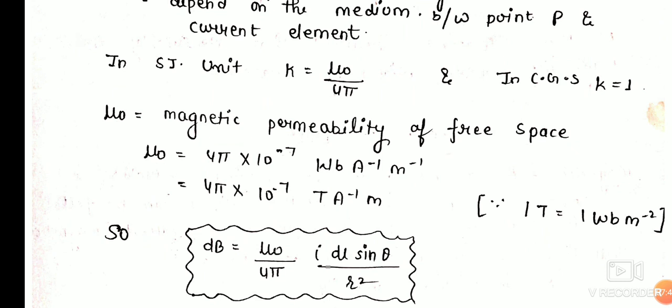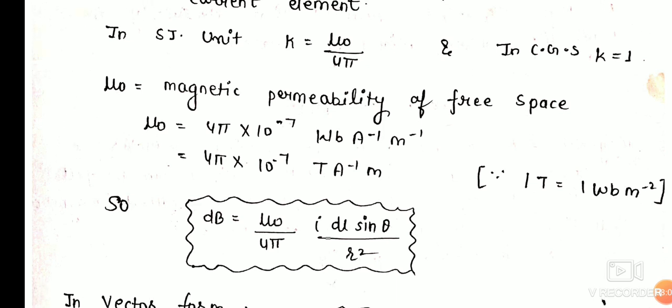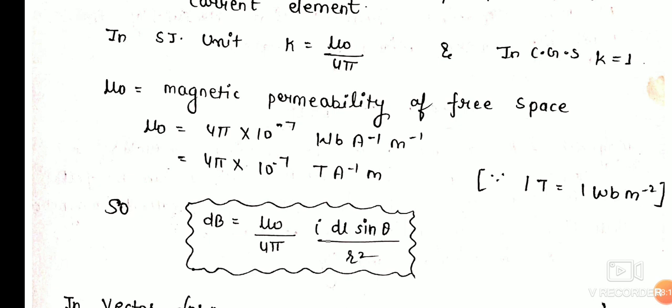The meaning of magnetic permeability is how easily the magnetic field lines flow through a medium, the same as epsilon naught in electricity.